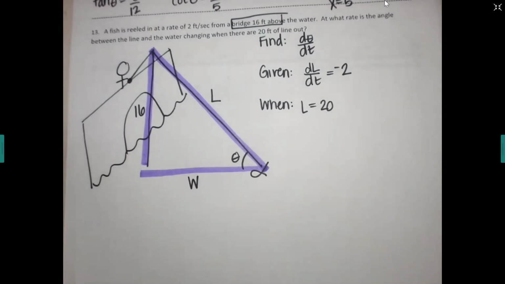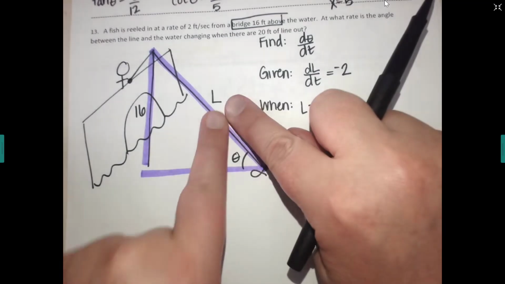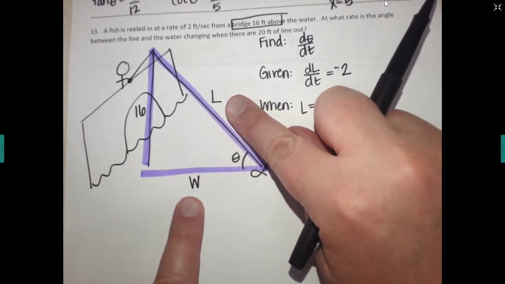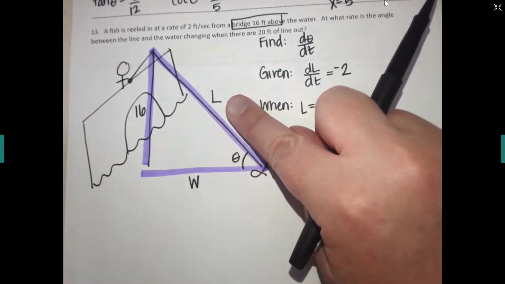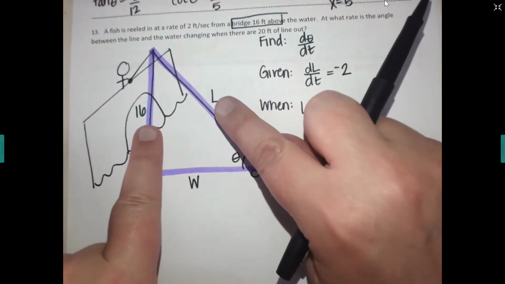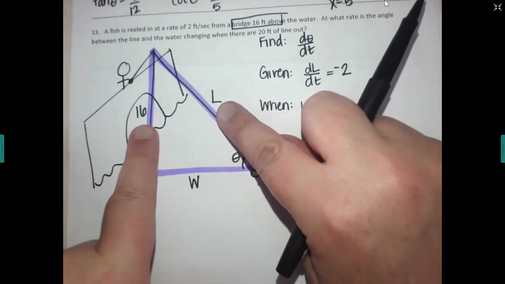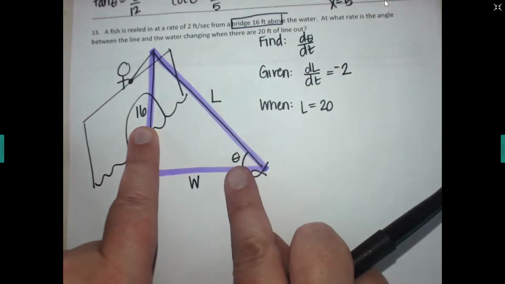Now, which letter has to be in my thing that I know stuff about? I have to pick L. And then if I know stuff about W, I can pick it, but they didn't really tell me anything. Do I know the other side? So these are my guys that I want to include. Which function will have a 16 and an L in it if this is my theta? Do I want SO, CA, or TOA?